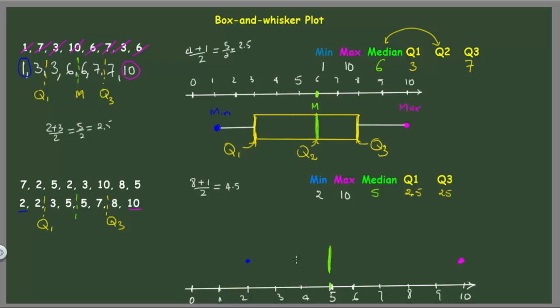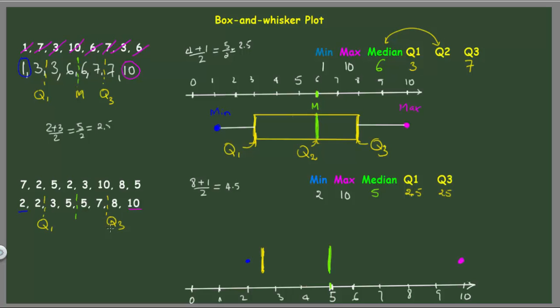Then the first quartile is 2.5, right here. And the third quartile will be here, 7.5.